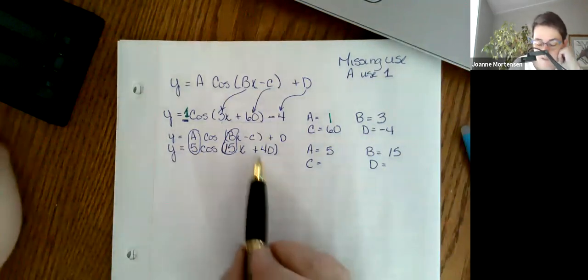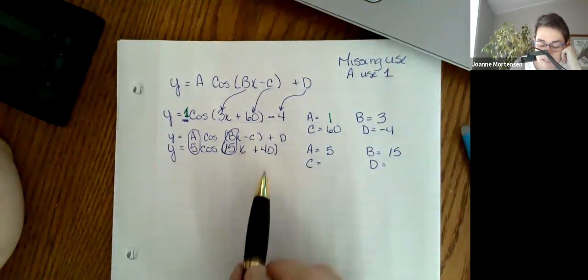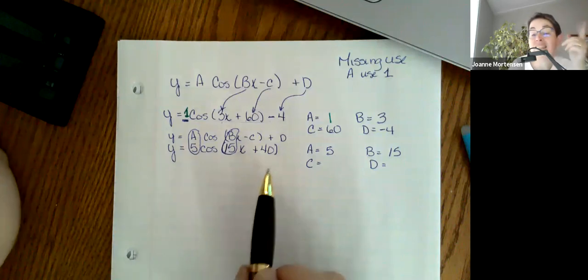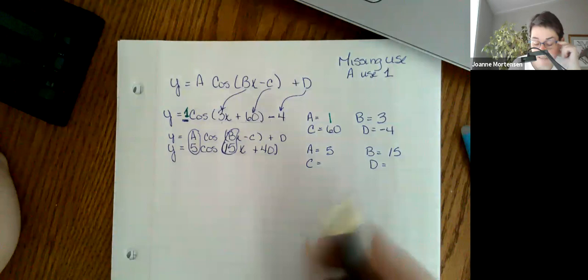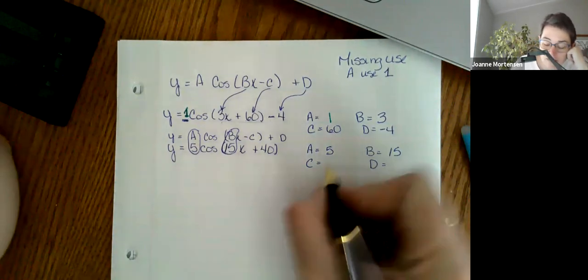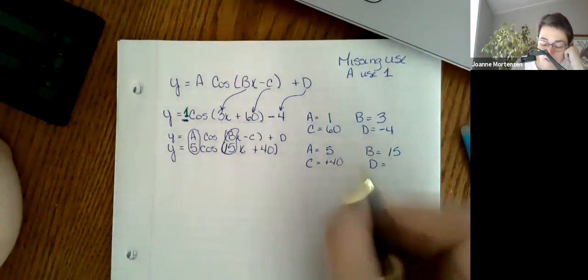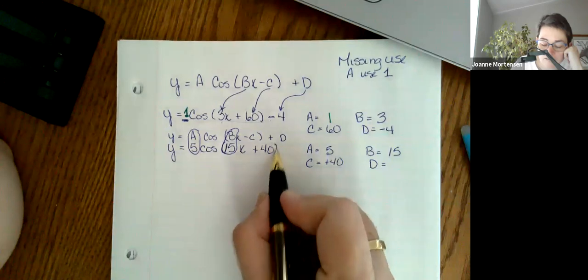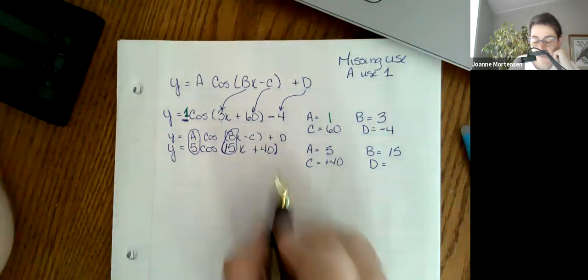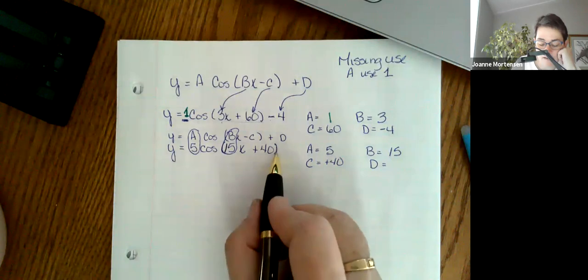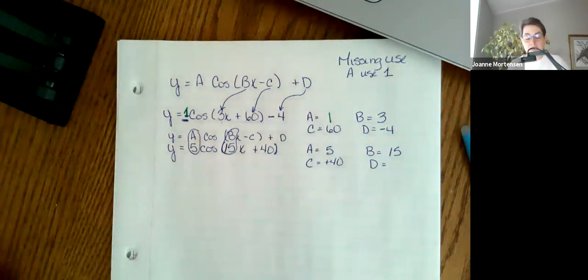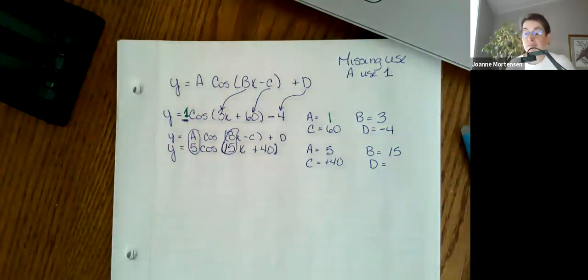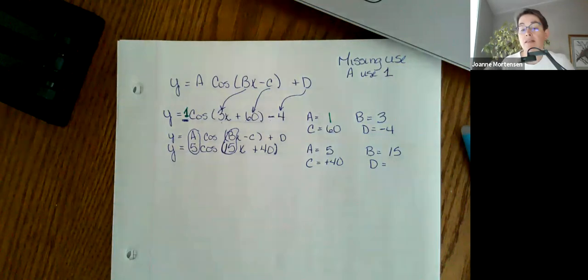The trick is whether this is a C or a D. The easiest thing to remember, if it's in brackets, it's a C. So C is plus 40. If I didn't have that bracket, then it would be a D value. So it's all about the brackets. If there's a bracket, it's a C.